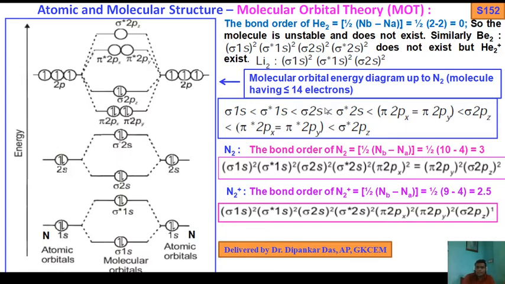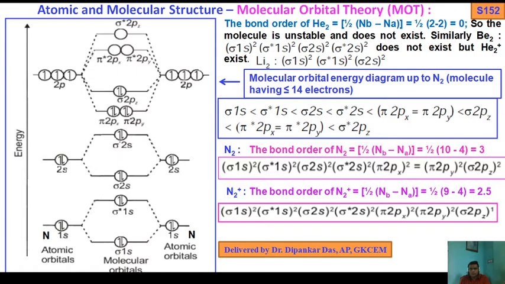Now beryllium: total electrons 8, so 2, 4, 6, 8. That is 1s2, 2s2, and so it doesn't exist, because 4 minus 4 is 0. But in case of lithium 2, 3 plus 3, the total number of electrons is 6: sigma 1s2, sigma star 1s2, sigma 2s2.